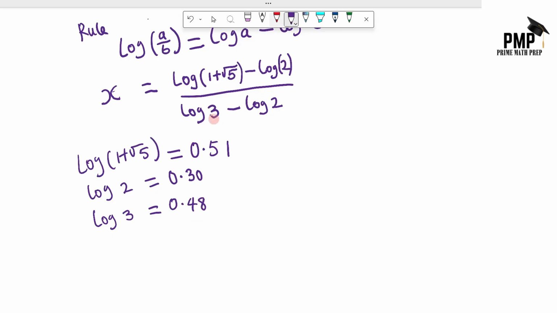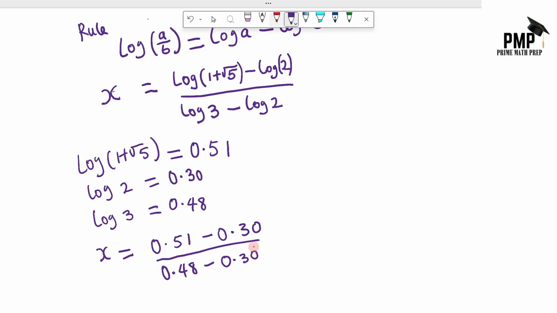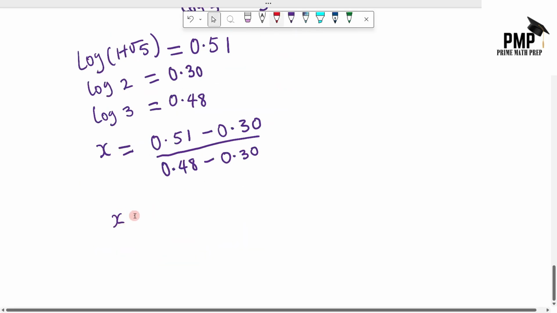If we substitute this into this, we have that our x will now be equal to log (1 + √5), which is 0.51, minus log 2, which is 0.30, divided by log 3, which is 0.48, minus log 2, which is 0.30.